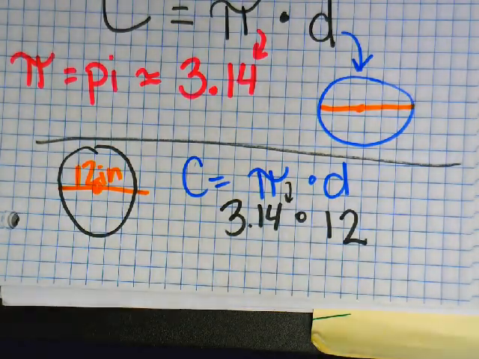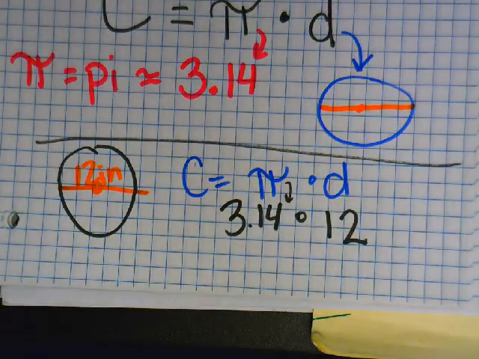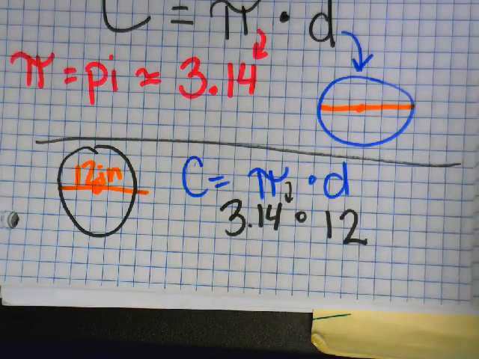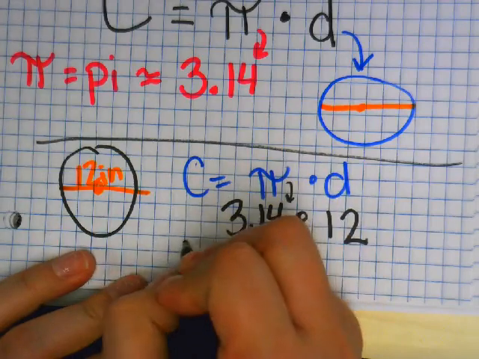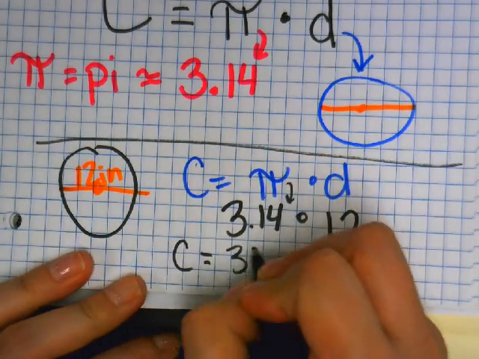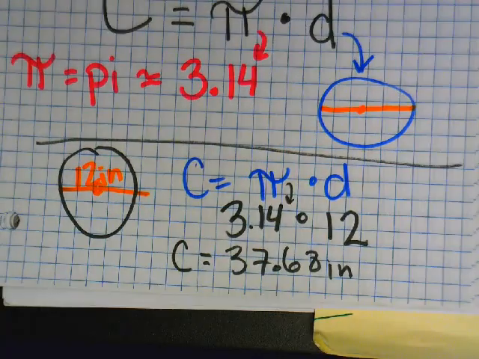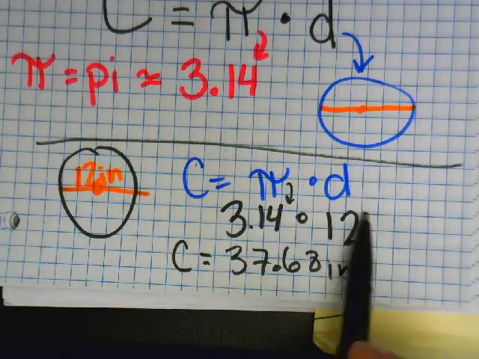Turn on the calculator. So C is equal to 37.68 inches. And that's it.